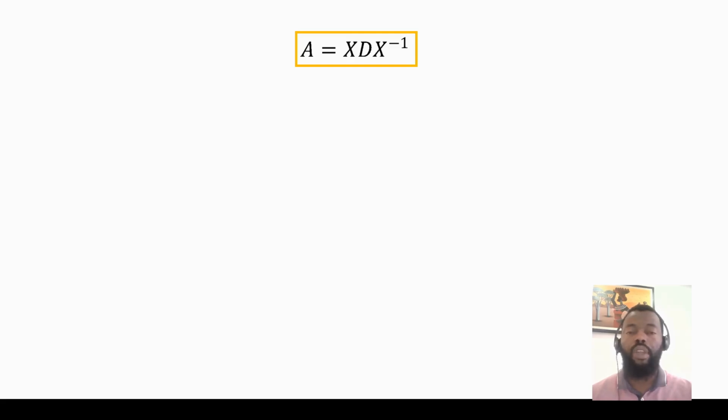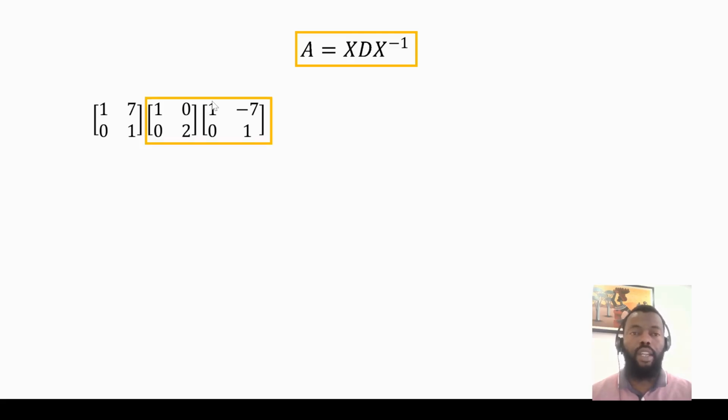And now we have all the matrices that we need to prove that the matrix A is diagonalizable. So now what we have to do is compute the product of this operation, where we have matrix X, the diagonal matrix, and the inverted matrix of X. We start by computing the product of the first two matrices, and we will have 1 times 1 plus 0 times 0, 1 times -7 and 0 times 1, 0 times 1, 2 times 0, and 0 times -7 plus 2 times 1.